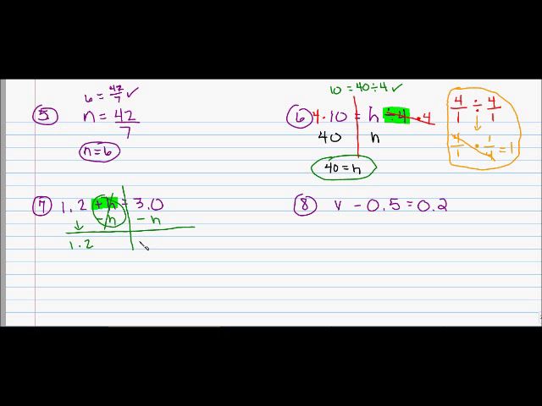And I have 3.0, which is technically 3, minus h. But I didn't solve anything. Wait a second. How did I do that? I did everything I was supposed to do. All I did was bring the h over to the other side. Wait a second.